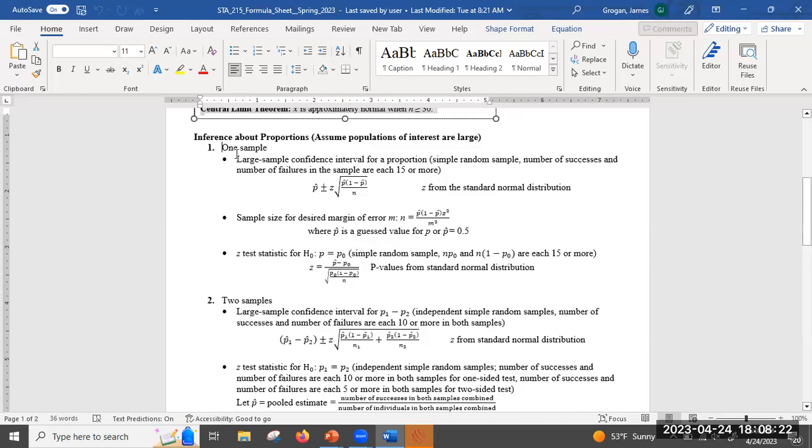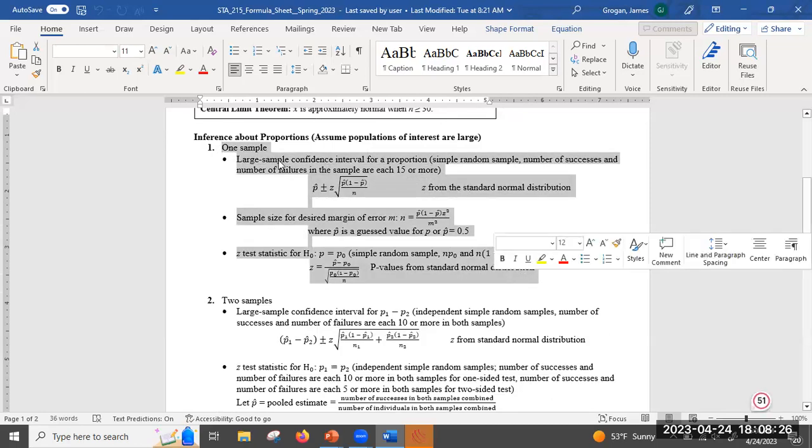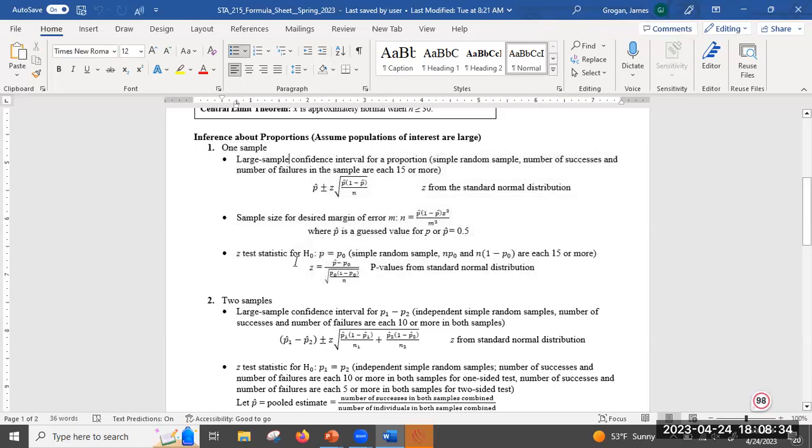And so for proportions, we have all of this stuff. Confidence interval first. See how it says large sample confidence interval? And then here's our sample size formula. And then here's our setup for hypothesis test. We need a test statistic for that. Okay, so for proportions, it's right here. If we want to do it for means, we go to the second page.